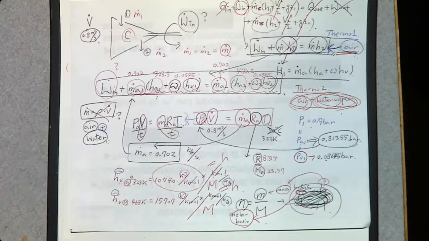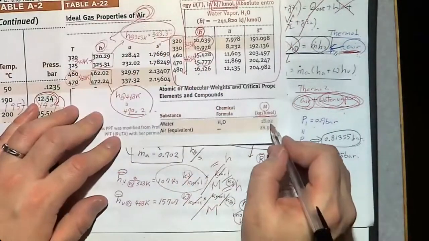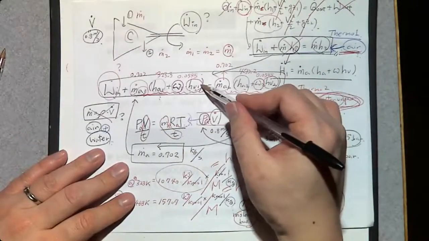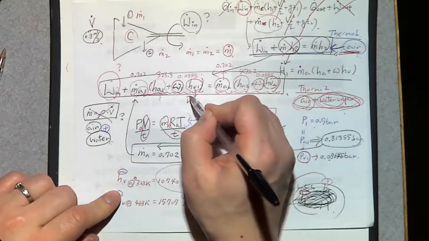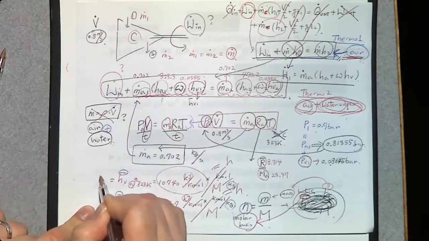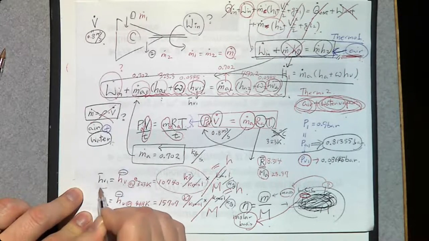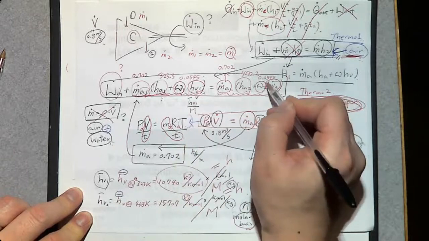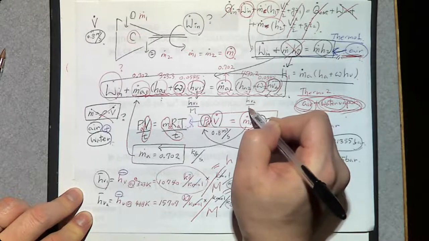So what is the molecular weight of water vapor? Molecular weight of water vapor is 18.02. So this H V1 is going to be H bar V1, which is this one. This is H bar V2. So this one divided by molecular weight. This is H bar V2 divided by molecular weight.